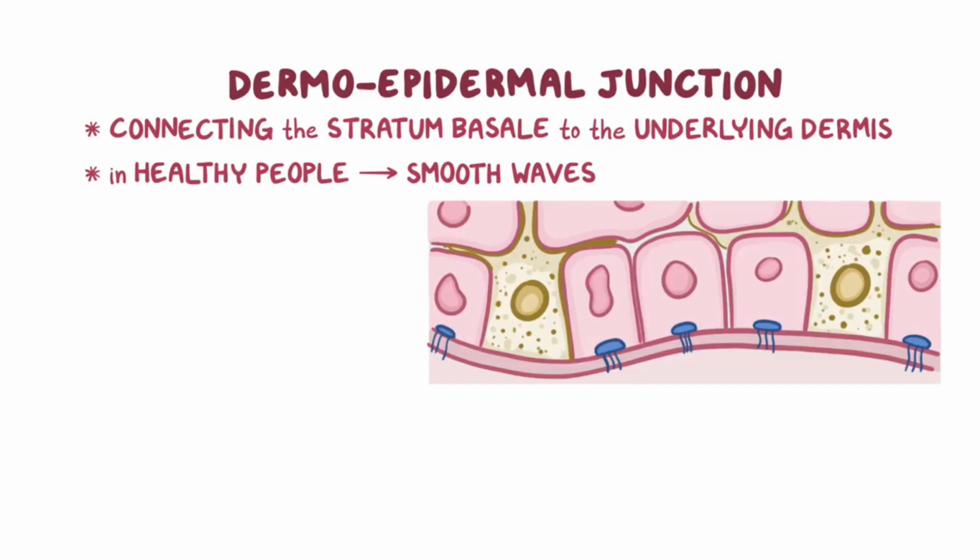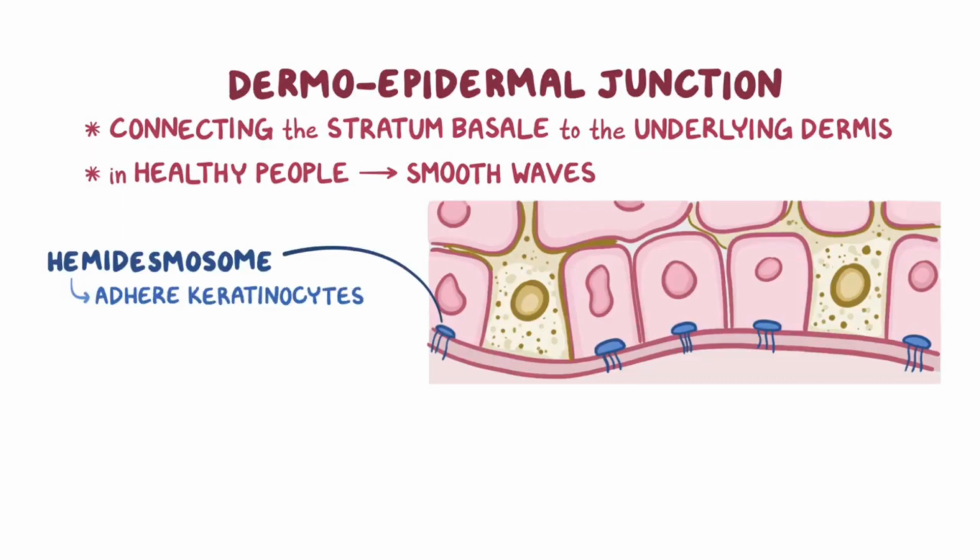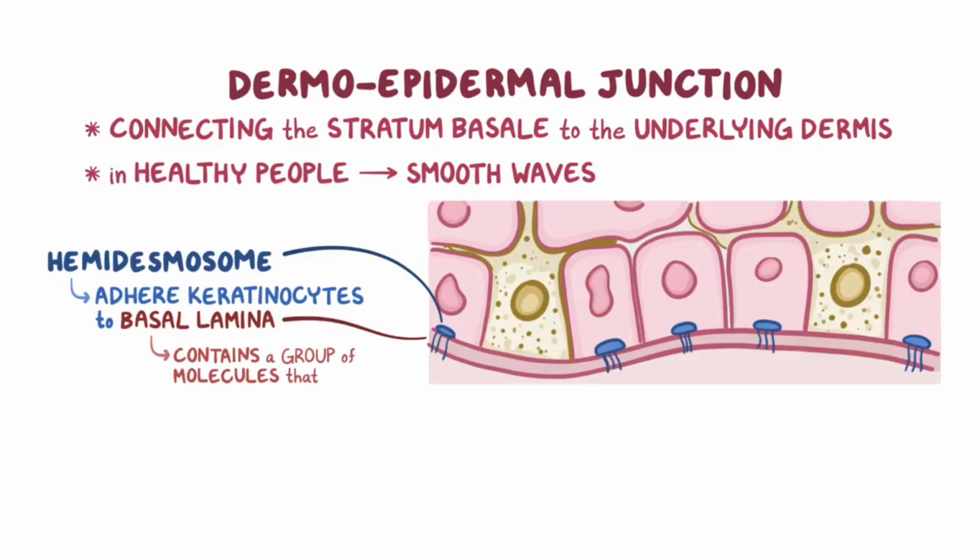The first part is the lower portion of the plasma membrane of the keratinocytes in the stratum basale, which contains glue-like substances called hemidesmosomes. These hemidesmosomes adhere keratinocytes of the stratum basale to the second component of this junction, which is called the basal lamina. The basal lamina contains a group of molecules that provide structural and biochemical support to the keratinocytes.